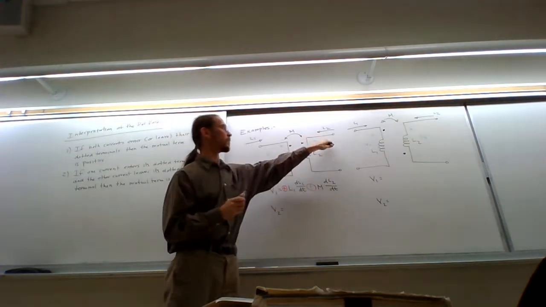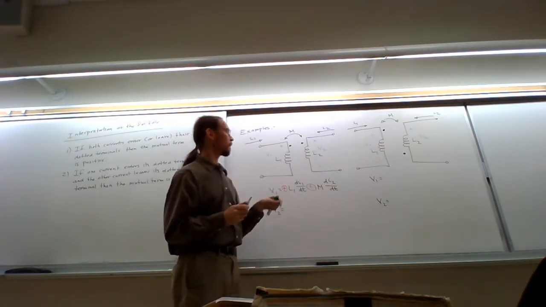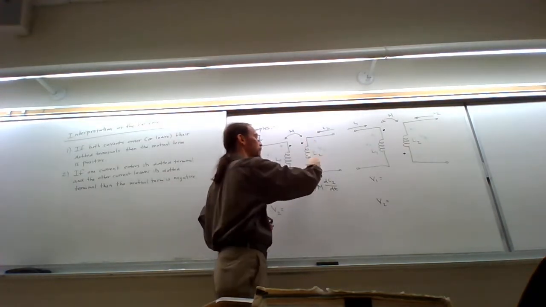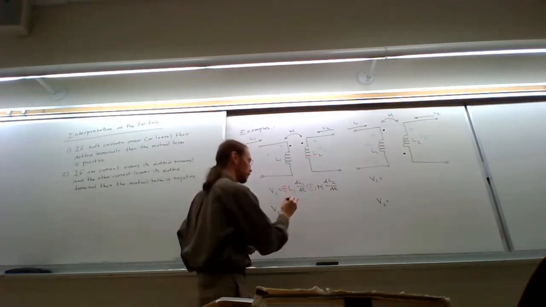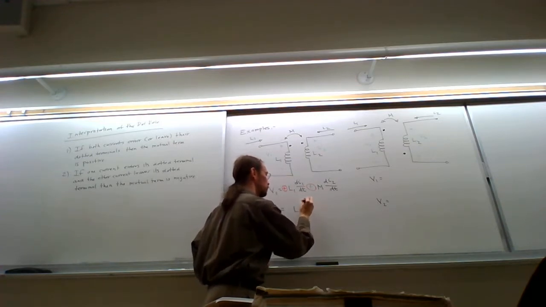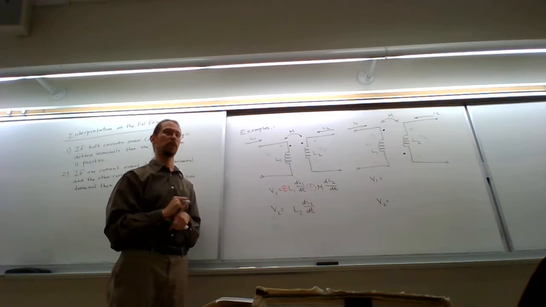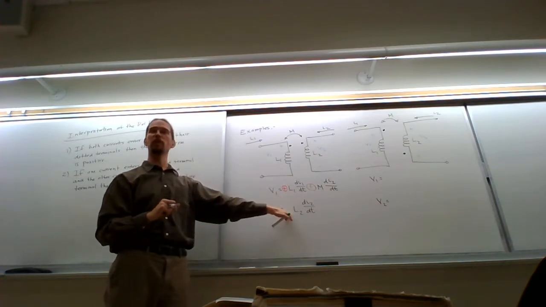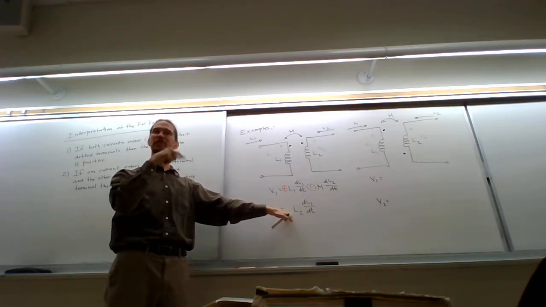Let's take a look at the voltage V2 over here. Now, I have a current I2 flowing through this inductor, which means there's a voltage here, L2 times di2 dt. Who can tell me what the voltage polarity on this term is? It's positive, right?